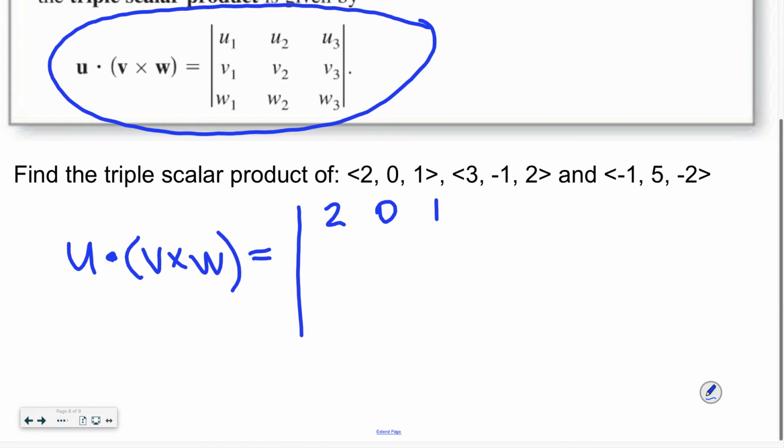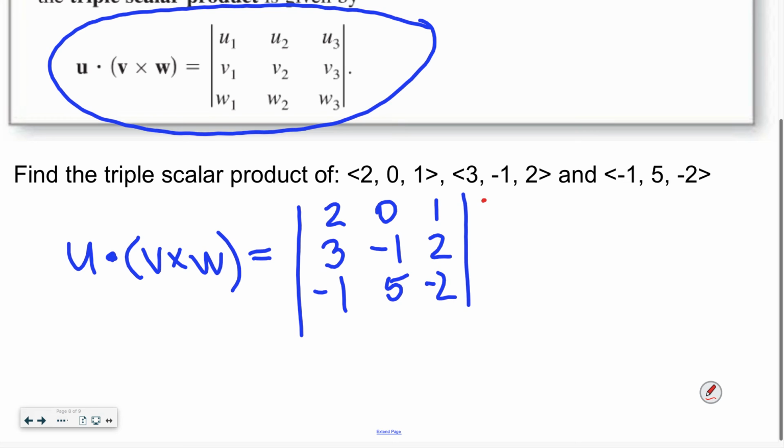We're going to put 2, 0, 1 in the first row, 3, negative 1, 2 in the second row, and negative 1, 5, 2 in the third row. The last two is negative. Oh, yes, thank you. Did I get all the rest?